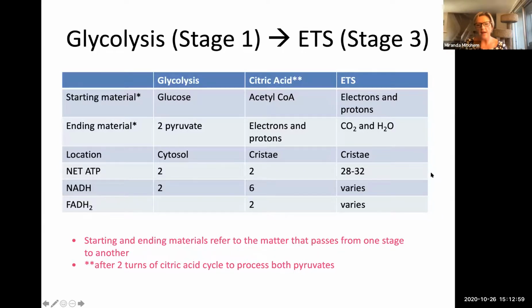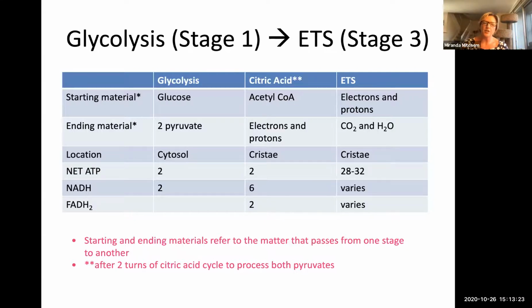So if we are to add up the total of ATP, it ranges from 32 to 36 molecules of ATP for every 1 glucose. This is just stage 3, right? You might want to add a total column into your table where you sum everything across each of these rows.